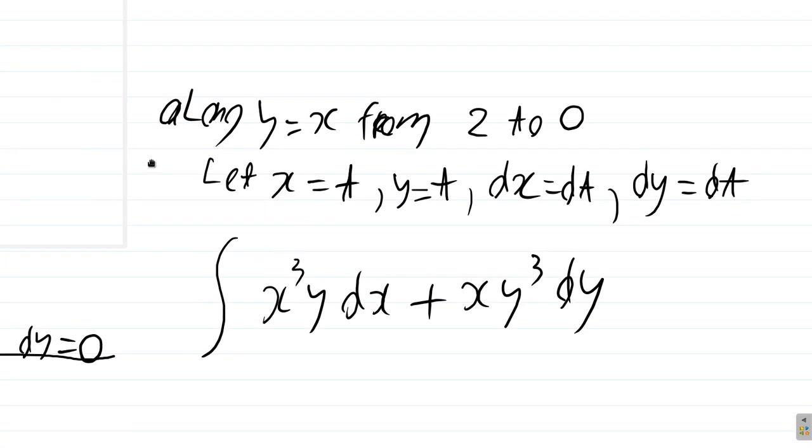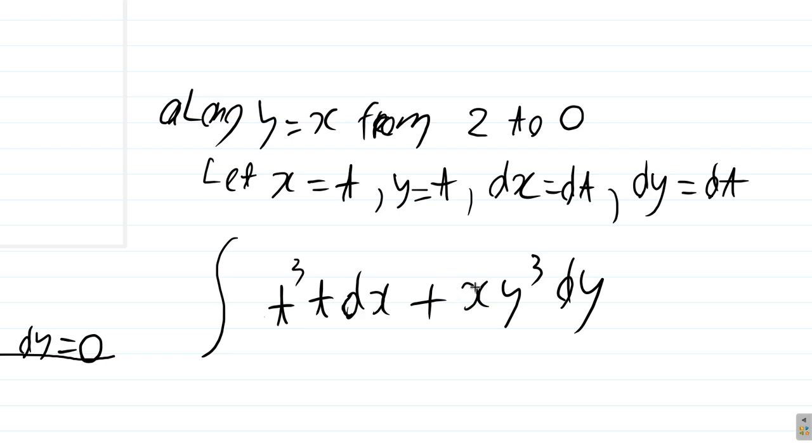Now, x is t. So this x is really t, so x cubed becomes t cubed. You want everything in terms of t and dt. Y is t as well, so erase this y and replace it with t.